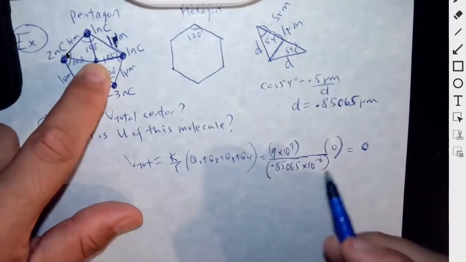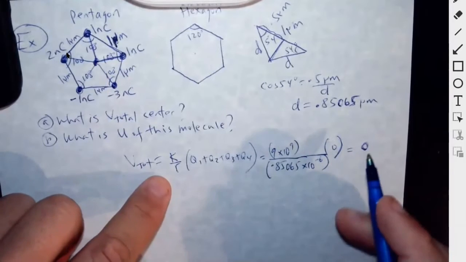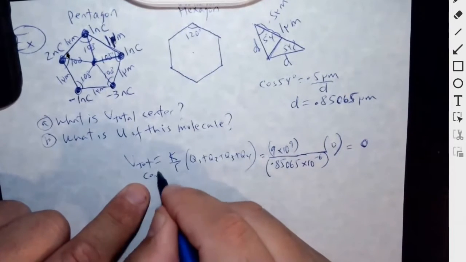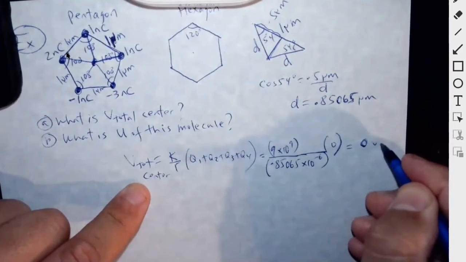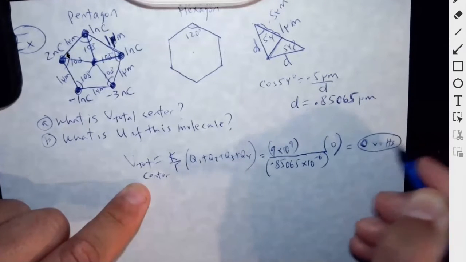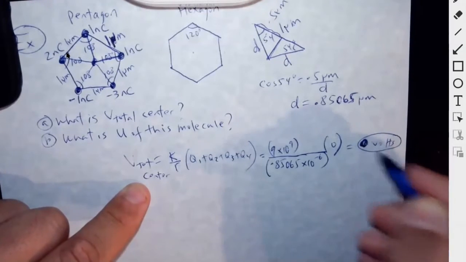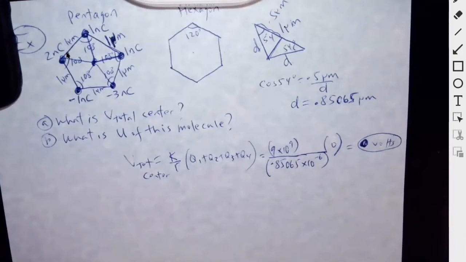But that's only the voltage that it creates at the center. V total at the center is 0 volts, literally. This is one of the ones where if it was on the test, and one of the choices was 0, probably no one would put it. They wouldn't believe that the answer could be that.